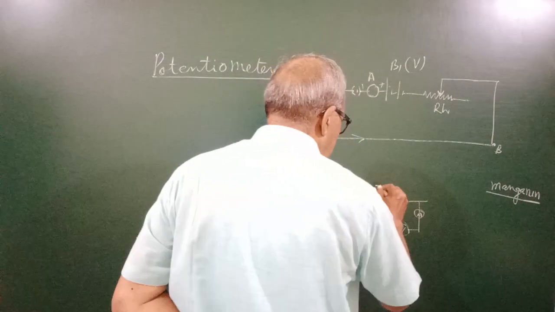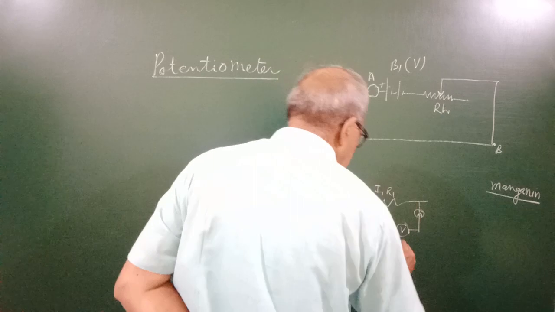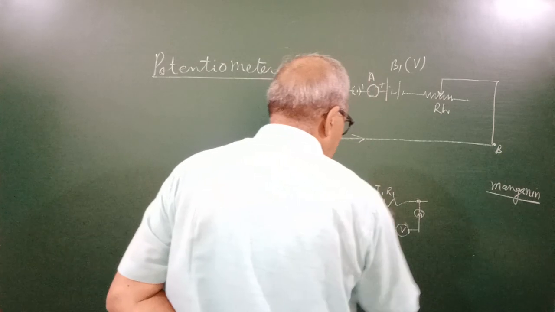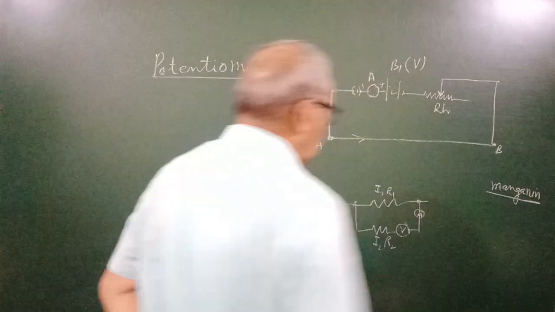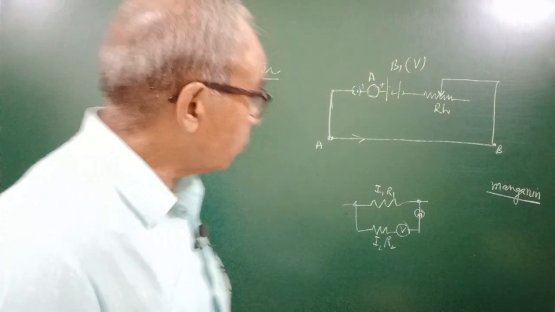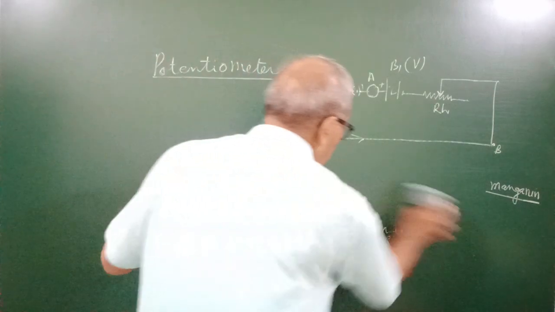So if I1R1 equals I2R2, then the potential reading will be there, but the ammeter reading will be 0. If both are in parallel, the potential difference is the same. So that fact is used here. How? See.